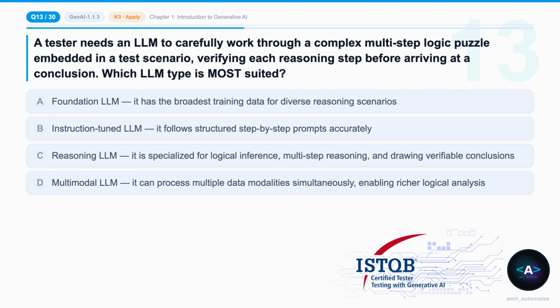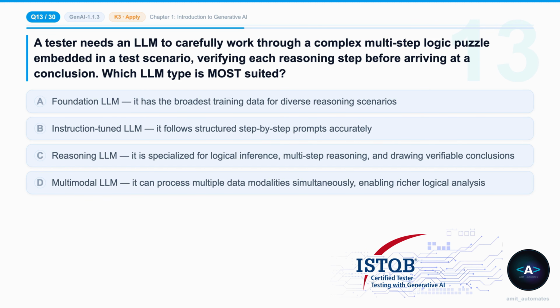Question 13. Learning Objective GenAI 1.1.3. Difficulty level K3. A tester needs an LLM to carefully work through a complex multi-step logic puzzle embedded in a test scenario, verifying each reasoning step before arriving at a conclusion. Which LLM type is most suited? Your options are A. Foundation LLM. It has the broadest training data for diverse reasoning scenarios.